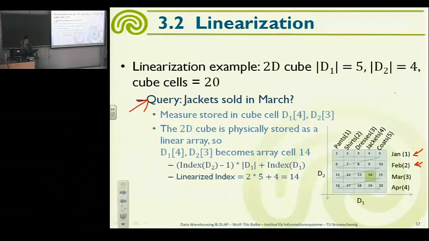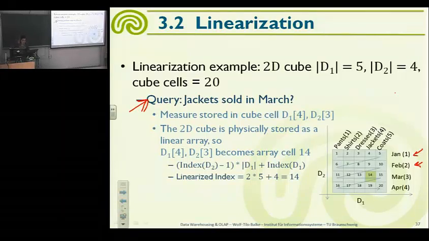So if I have the query here again, the jackets that were sold in March, here when I have the matrix, it's pretty easy to find. If you had the relational database as a table, that's also easy to find. Since now they're linearly stored on disk, we have to have some kind of mathematical function to find that. And that's also pretty intuitive.